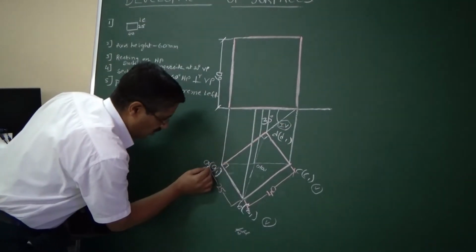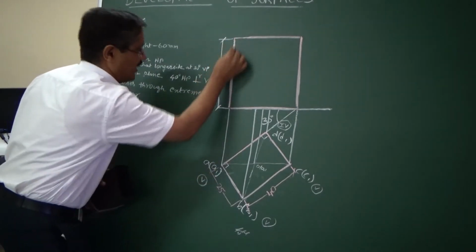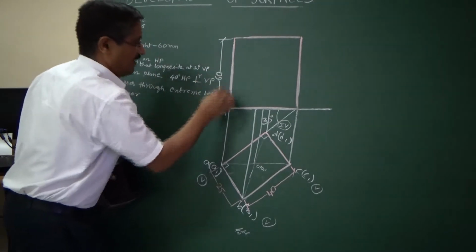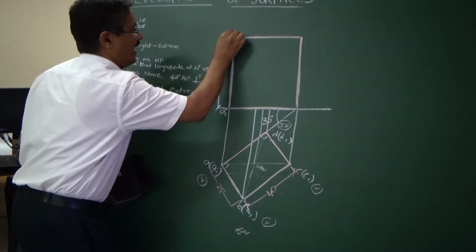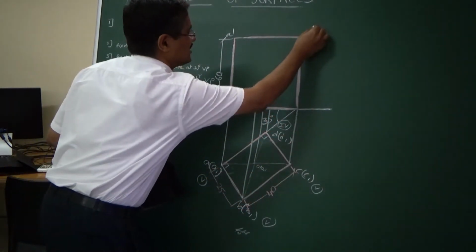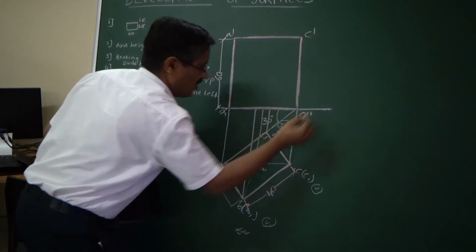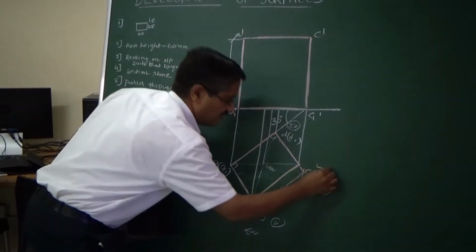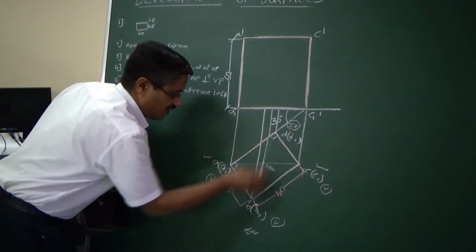As you know, AA1 is already in the boundary, so this is the one. If you mark it, this will be A1 dash and this will be A dash. Similarly, this corner CC1, so C dash, C1 dash. How many longer edges have you covered? You have covered this and this. Out of the 5, there are other 2.